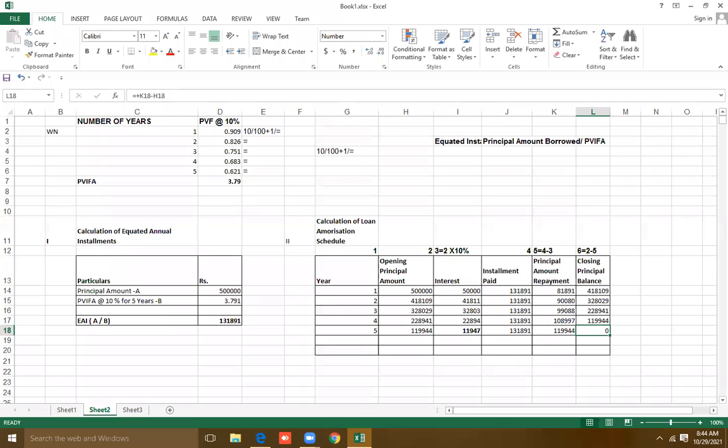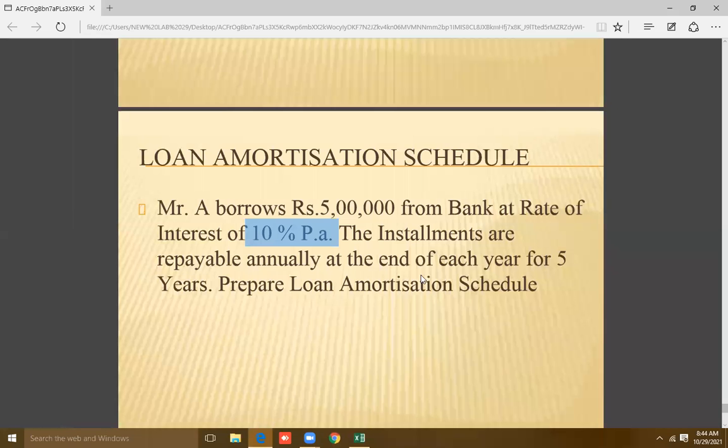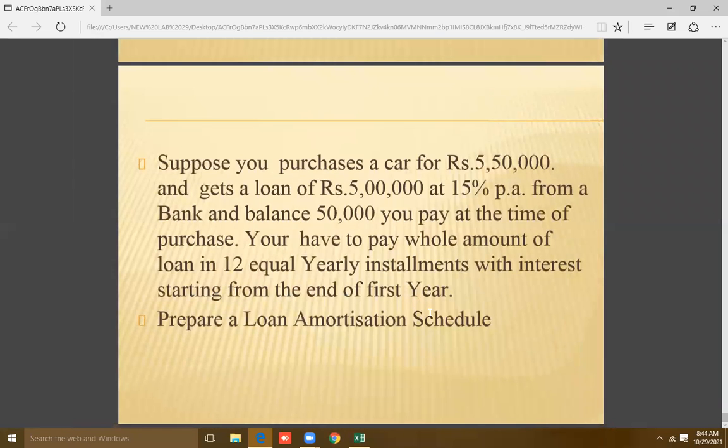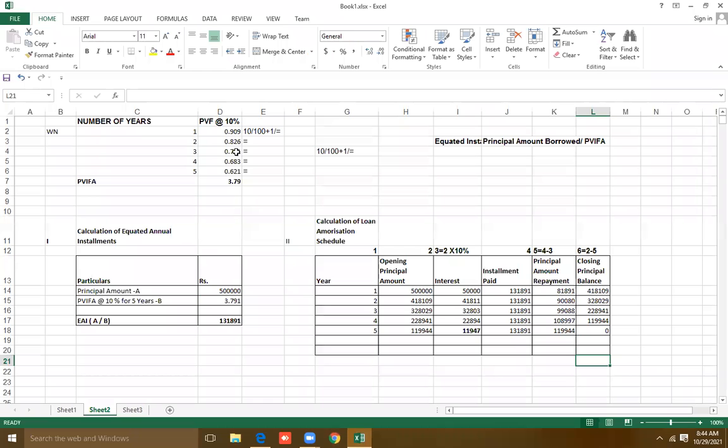Okay, so the loan amortization schedule we have completed. One more illustration is there for loan amortization schedule. Here there is a 12-year case that you can practice yourself; we will not discuss it. It is similar. The only thing is that here you will have to make 12 years of working instead of 5 years.